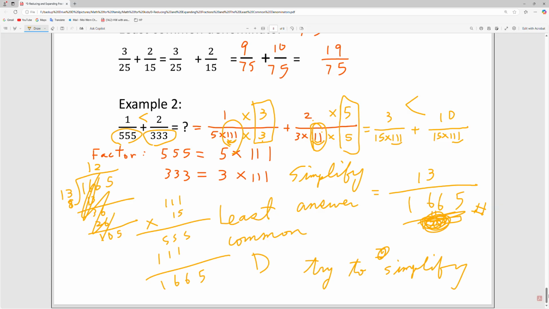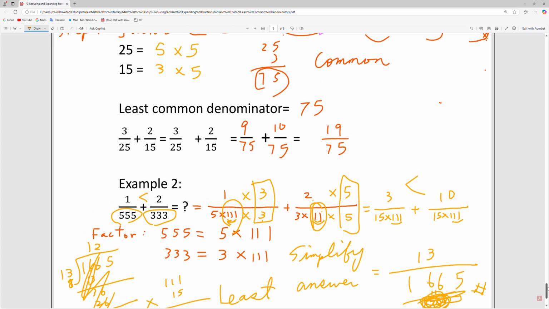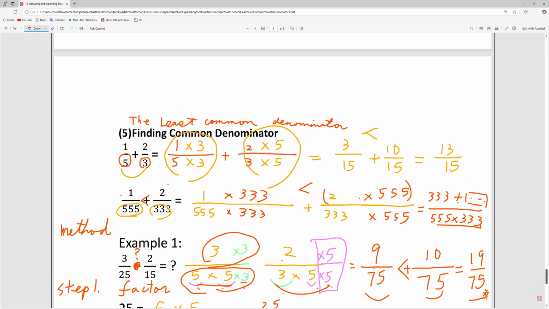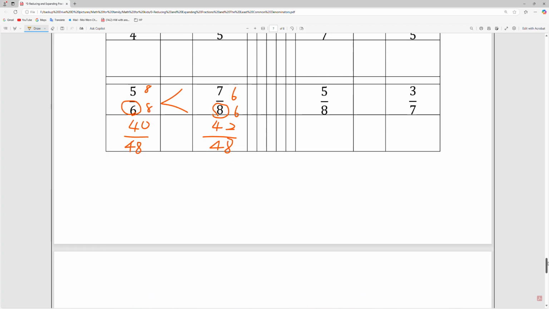You add them together. Okay. So I'm done with the concept of the common denominator. The most important thing is you don't want to multiply the same factor twice. Be smart, okay?